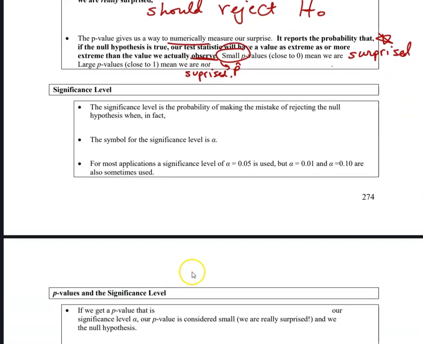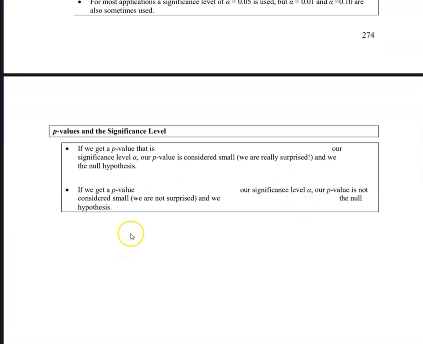Finally, the significance level. The significance level is the probability of making a mistake, of rejecting the null hypothesis when, in fact, H naught is true. The symbol we use for the significance level is alpha. And for most applications, we're going to use 5%, but sometimes we could use 1% or 10%, depending on what the question specifies.